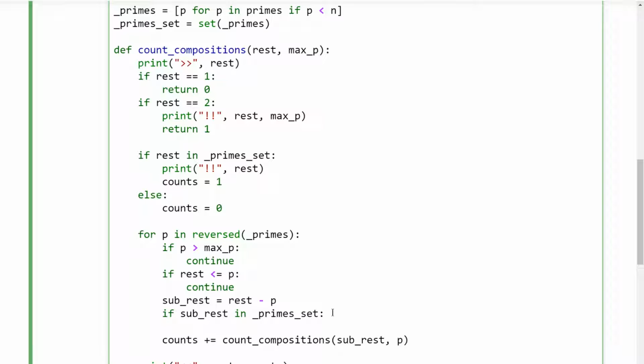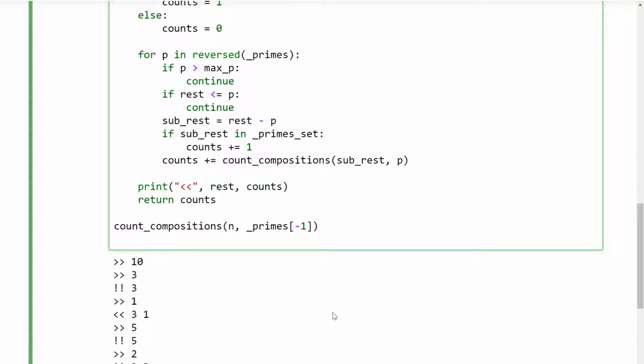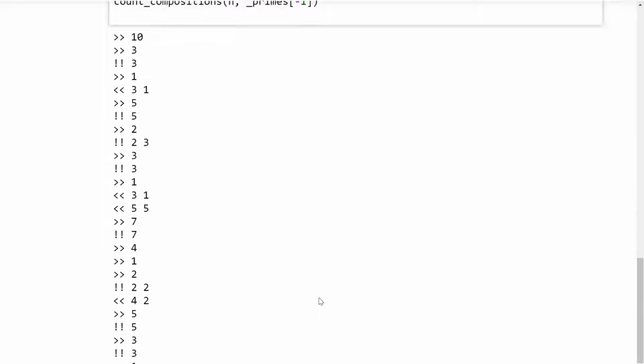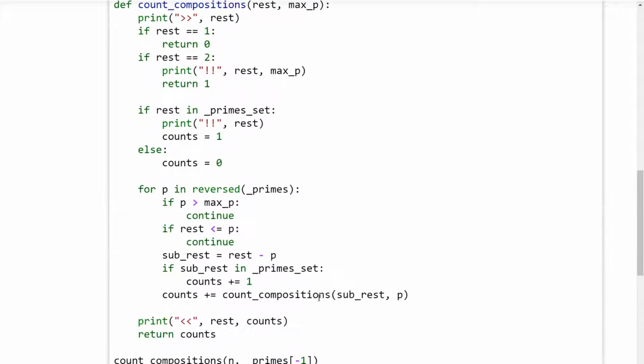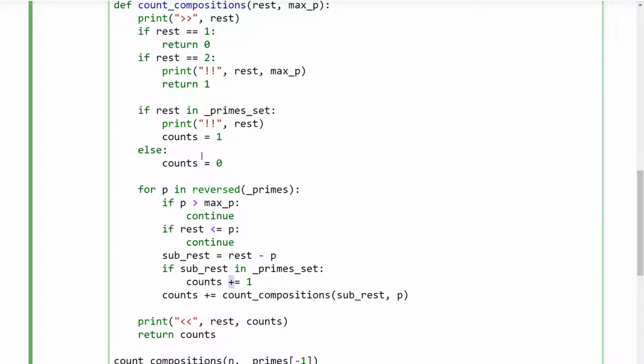Count plus 1. Maybe replace that with only equal 1, not plus 1, but it will reset the count.